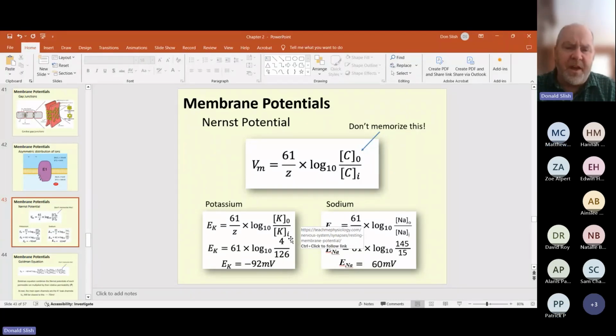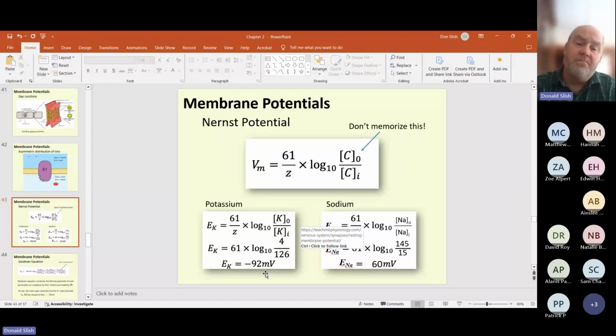Okay, so for potassium, you've got 4 millimolar of potassium on the outside, 126 on the inside. That's going to give you a negative number because it's a fraction, times 61, gives you minus 92 millivolts. Now, what does that mean? That means that because of the concentration of potassium, it will keep going out of the cell until that cell's membrane potential gets to minus 92.